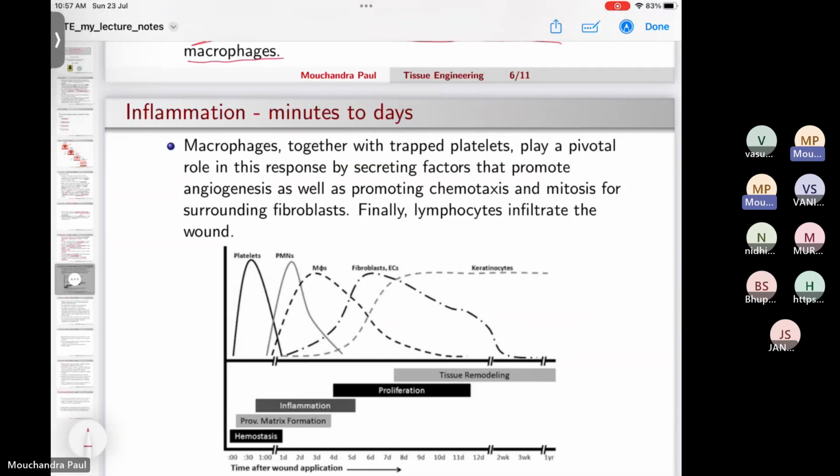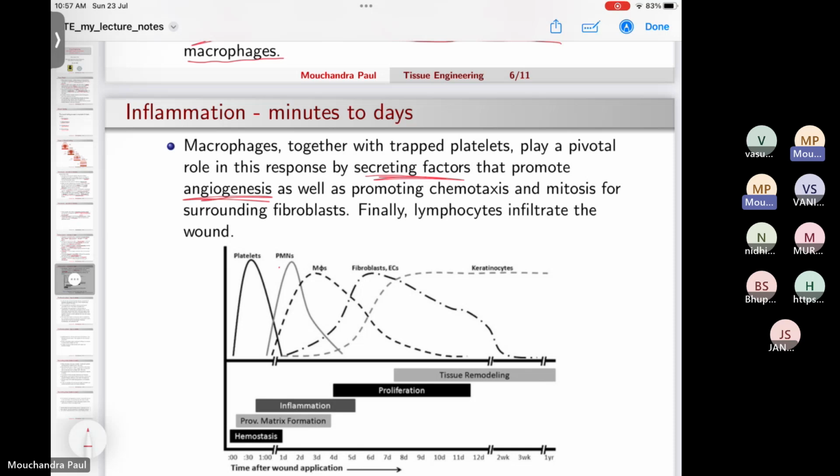So at the end of the inflammation, what happens in the provisional matrix that was formed in the hemostasis phase? There were the trapped platelets. Now the macrophages also remain towards the end, and they continue to do their job by secreting important factors that help promote angiogenesis, the process through which new blood vessels form from the existing ones.